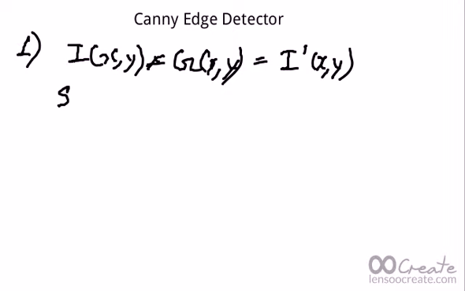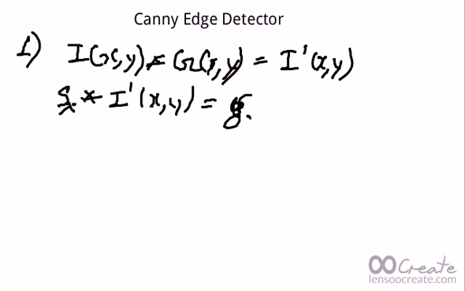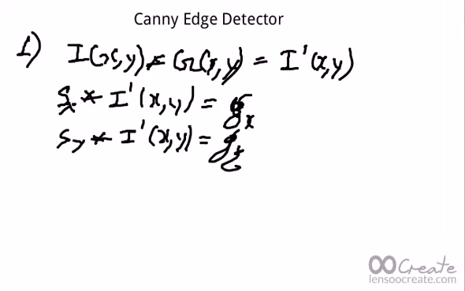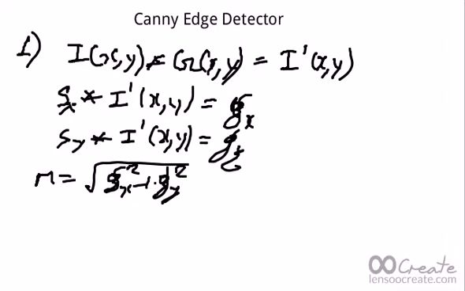For example, let Sx be the Sobel operator for direction x, Sx convolved with I prime (x, y) is equal to gx, then Sy convolved with I prime (x, y) is equal to gy, and m is equal to the square root of gx squared plus gy squared, and alpha is equal to tan inverse of gy by gx.